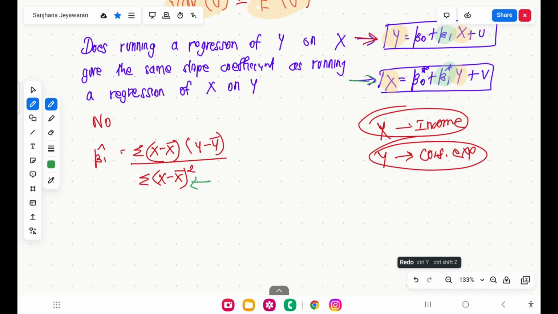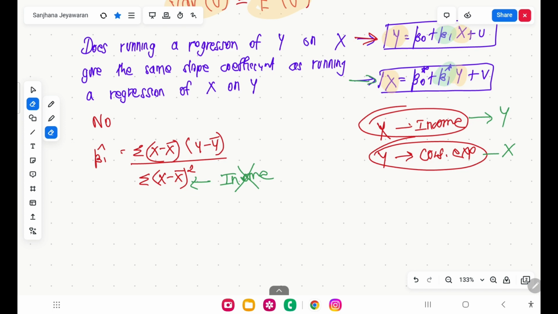I'm sorry, in the denominator we will have both switched now. So income becomes y now and y becomes x now. So in the denominator, previously we had income. Now it's not income anymore. It will be the consumption expenditure.